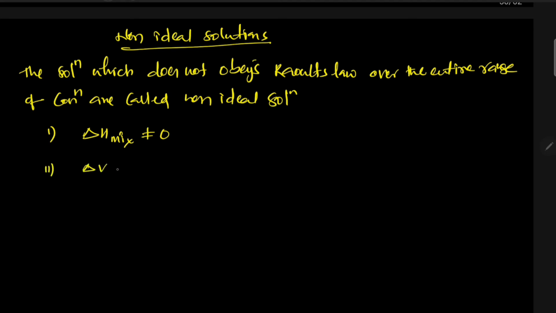The volume change is not equal to 0. The partial pressure PA is not equal to P naught A chi A, and PB is not equal to P naught B chi B.